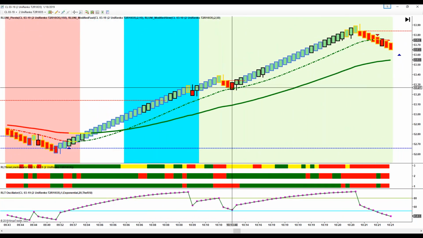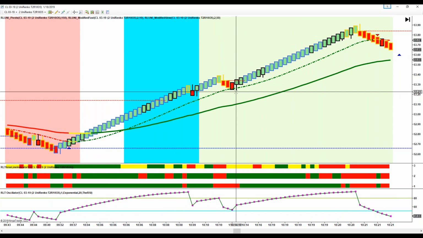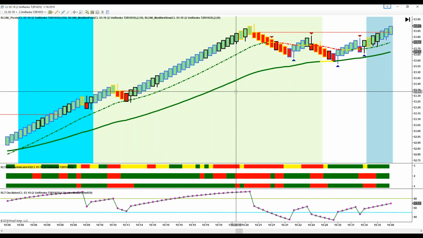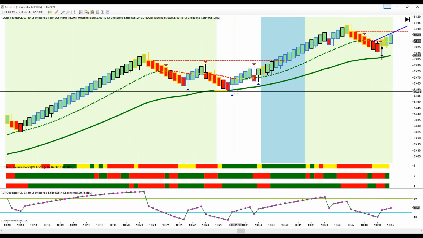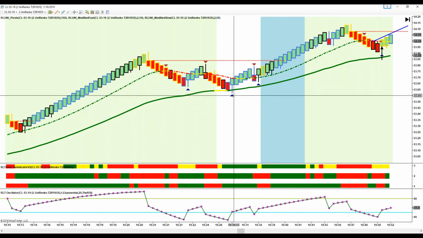And look at this pullback. Now, there's no oscillator signal here. We're going to go into those trades a little bit more, because although the oscillator gives you great entries, you're not constrained to take just oscillator entries. They give you one subset of entries.